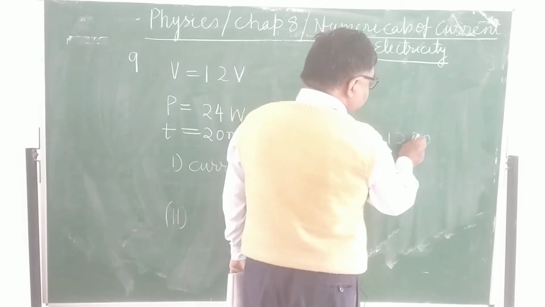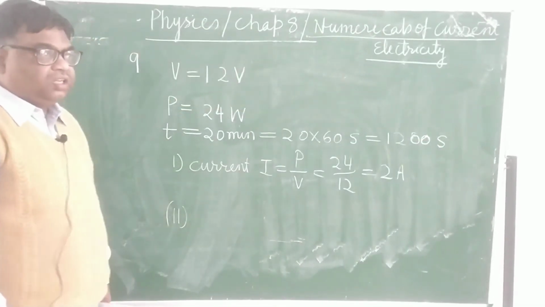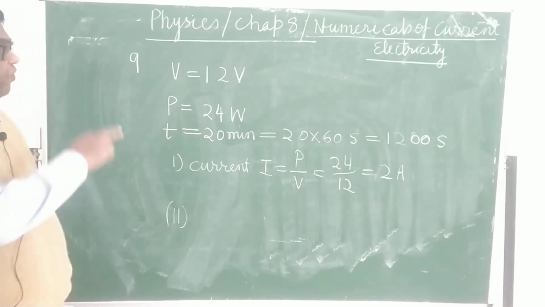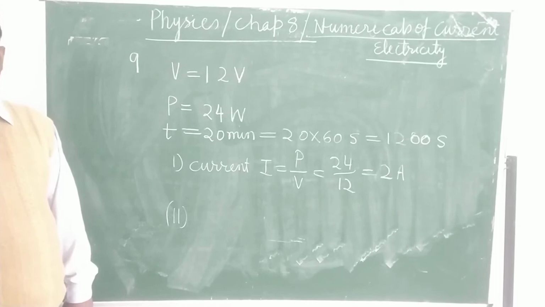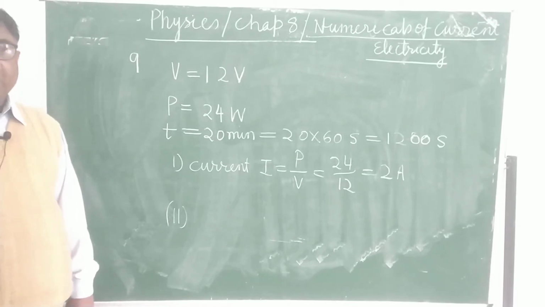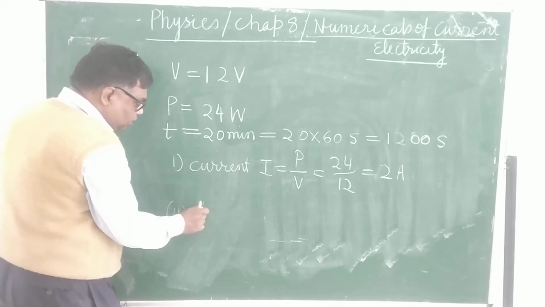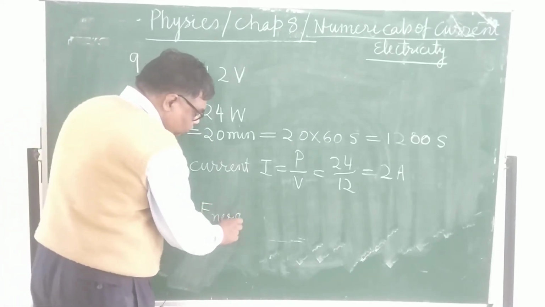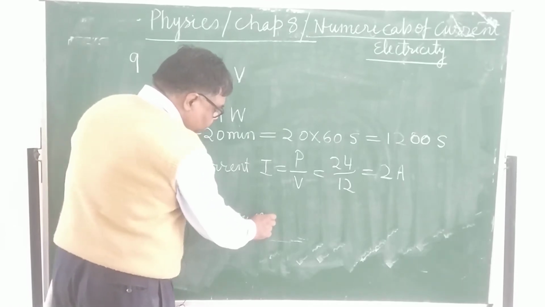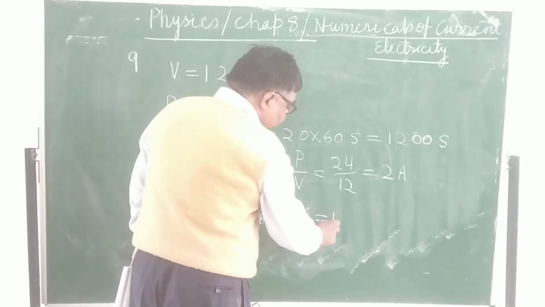1200 second. Now there are how many formulae of energy? 3. Which formulae will fit here? Power into time. Very good. We will use power into time. Energy equals to power into time. Energy consumed equals power into time.